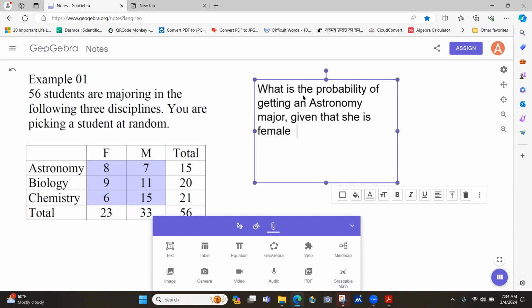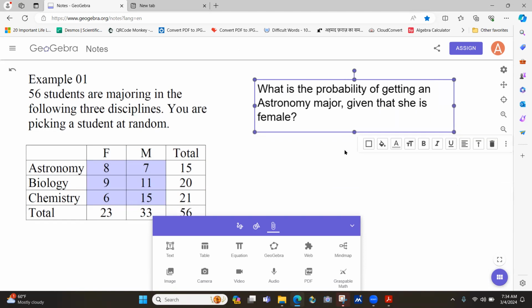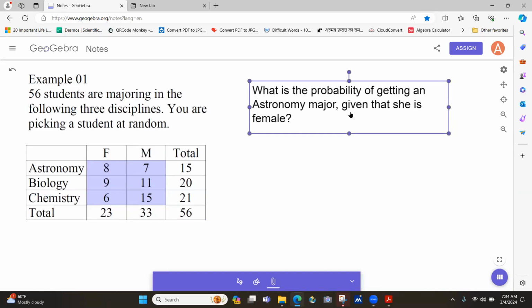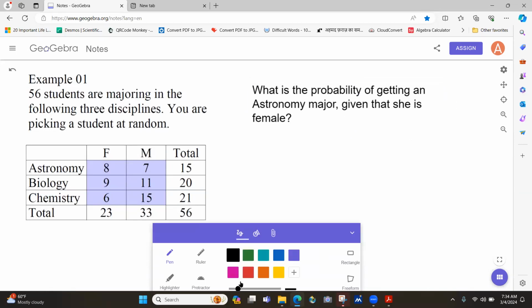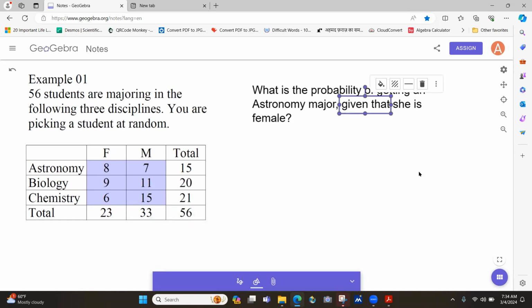Now, this part, given that, tells me it's a conditional probability question. Very important. Once I say given that she's a female, that means I'm only looking at the females.